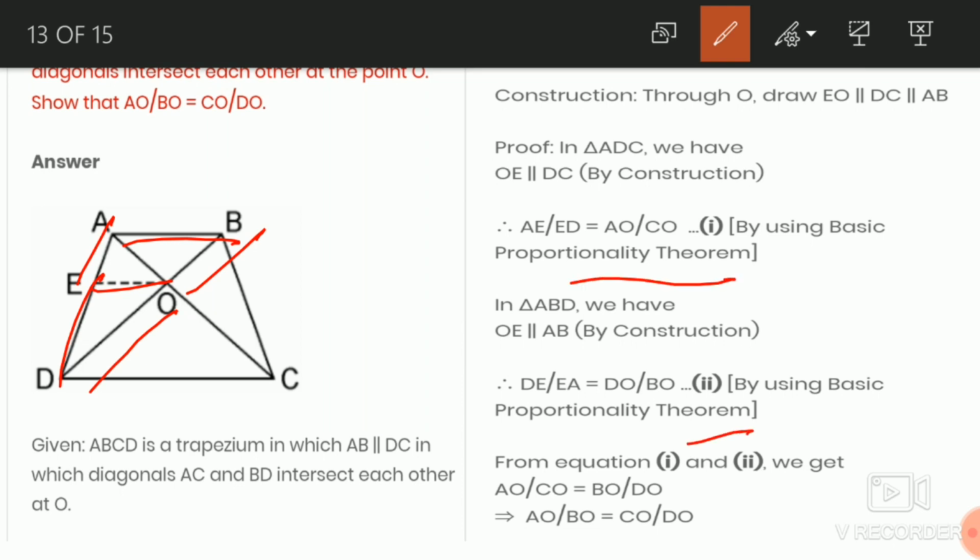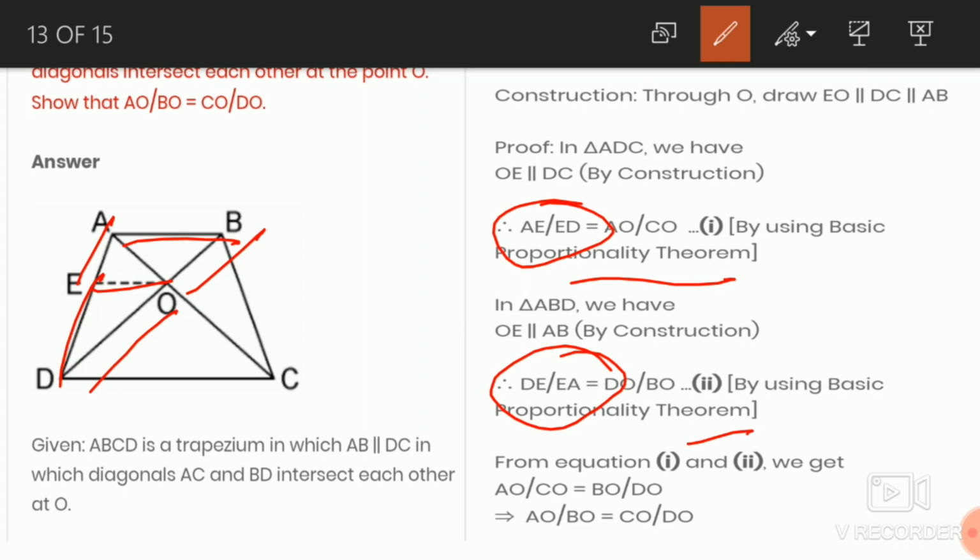So by equation 1 and equation 2, we can see there is the same thing, which is AE by ED. In equation 1, it is AE by ED, but in equation 2, it is in the reverse form, DE by AE. So we have to invert it, okay? So DE by EA is given as DO by BO.